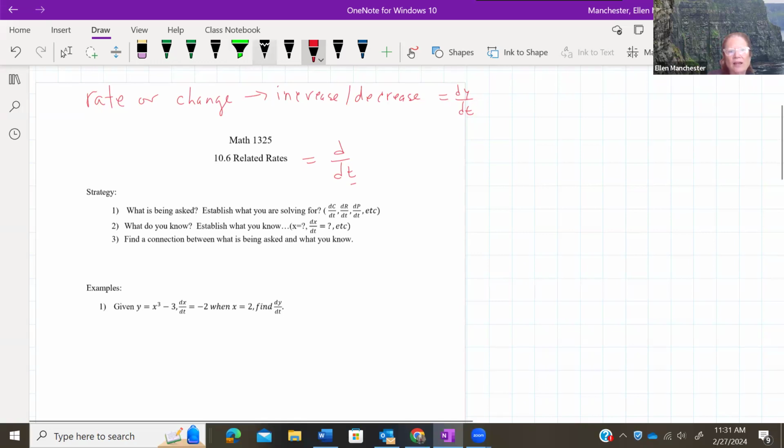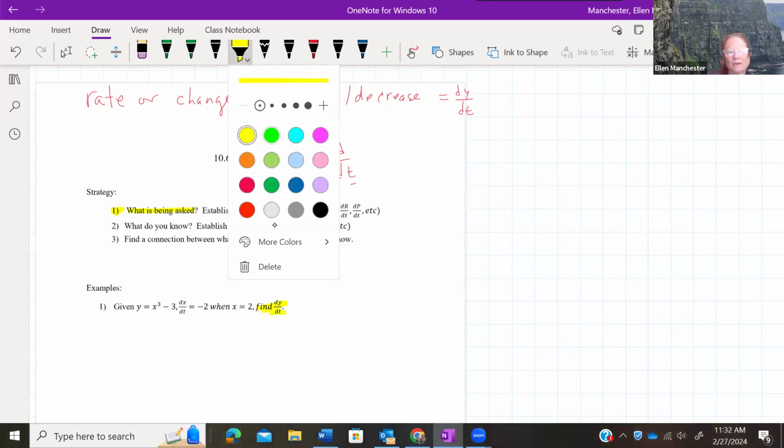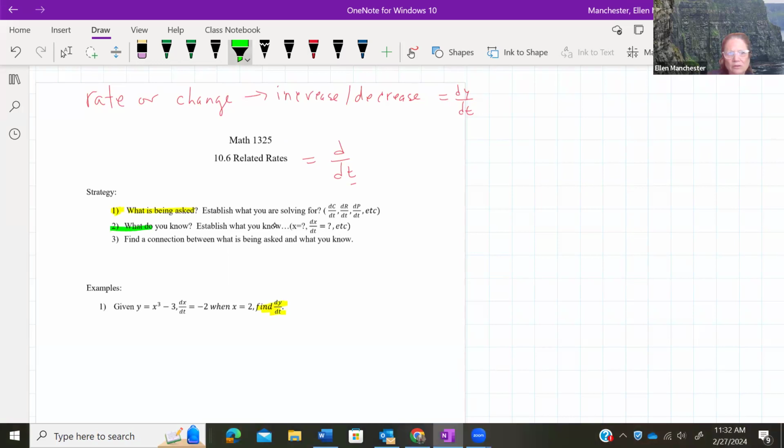So just to highlight what we're doing, number 1, what's being asked. This one's easy, right? We're finding dy dx. What do we know? Again, it's given to us. We know that dx dt is -2 and x is 2.